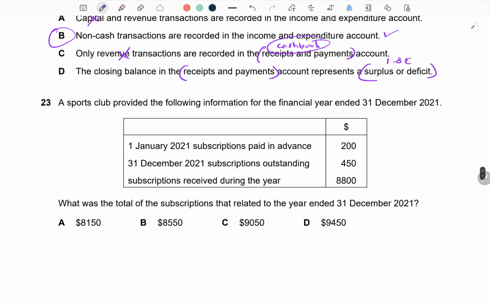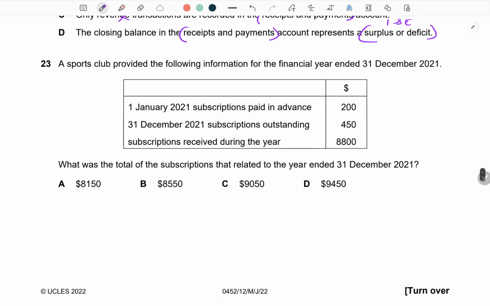A sports club provides the following information for the financial year ended 31st December 2021. What was the total of the subscription that related to the year ended 31st December 2021? You need to understand first. The first one, 1st January 2021 subscription paid in advance, is brought from last year to this year.